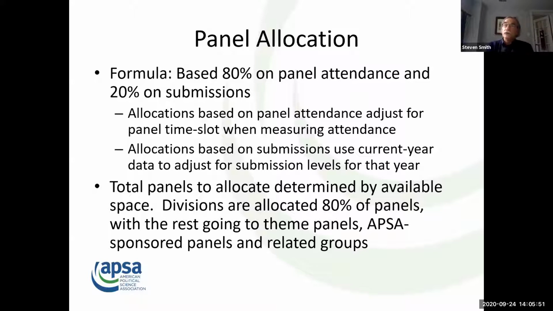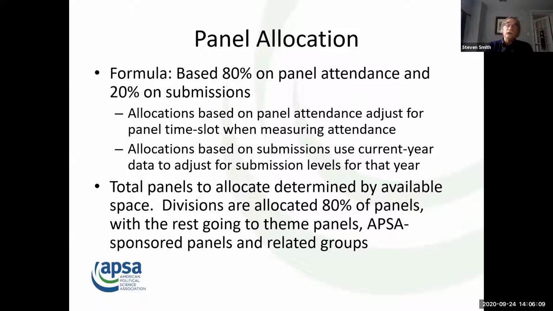But because of the virtual meeting, we are going to use attendance data from 2019 for purposes of calculating the panel allocation for the 2021 meeting.